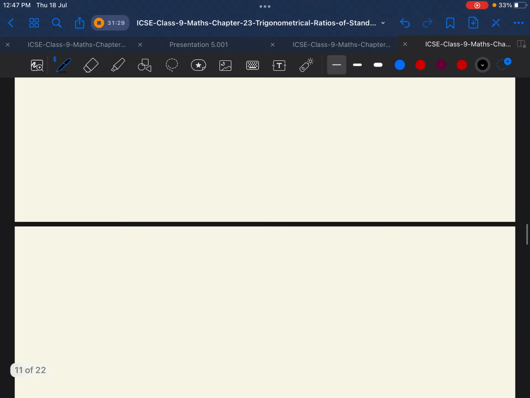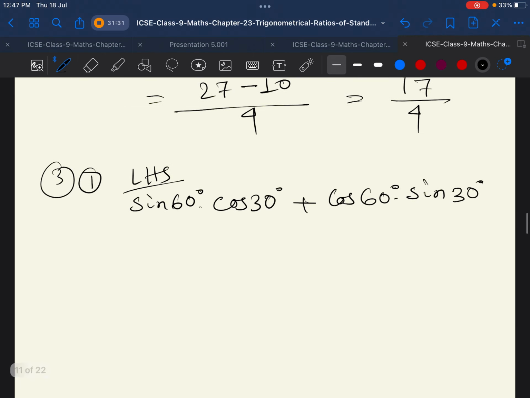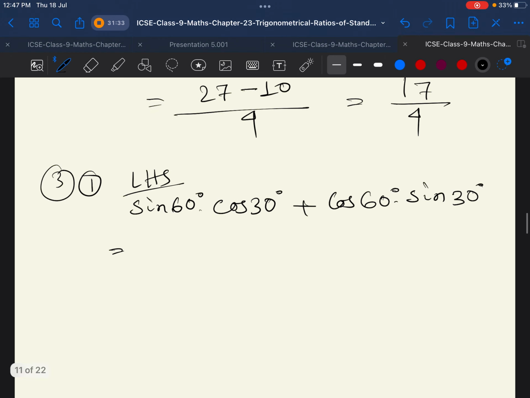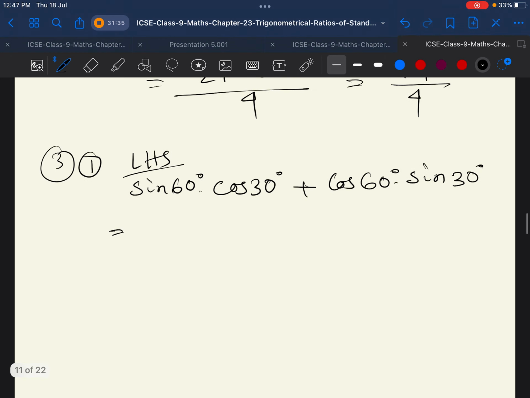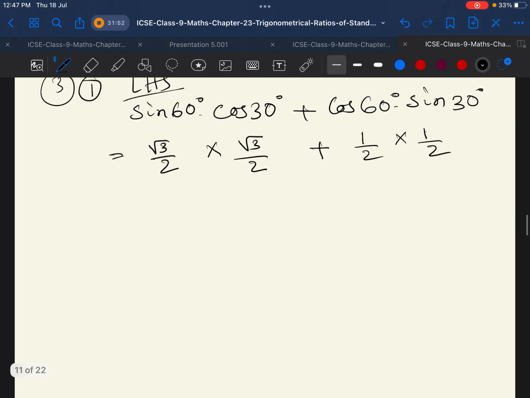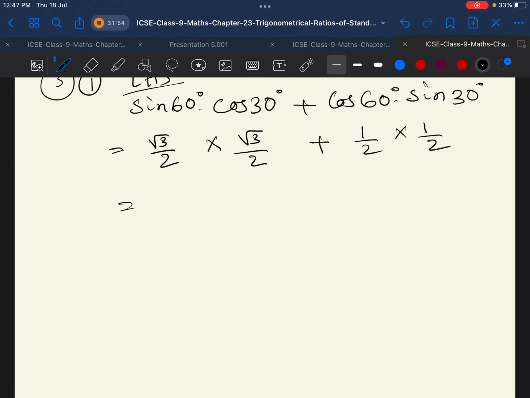Okay. Now we have to solve this term. So we know sin 60 is root 3 by 2, cos 30 is root 3 by 2, plus cos 60 is 1 by 2, sin 30 is 1 by 2. Okay.